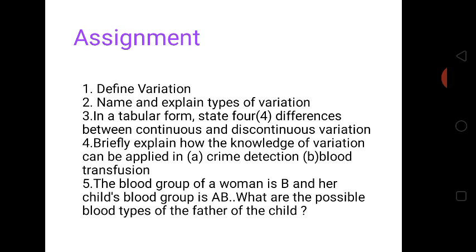Briefly explain how the knowledge of variation can be applied in A. Crime detection, B. Blood transfusion. 5. The blood group of a woman is B and her child's blood group is AB. What are the possible blood types of the father of the child?